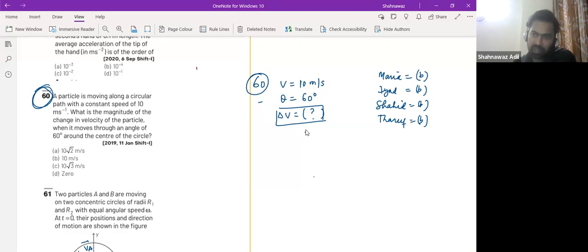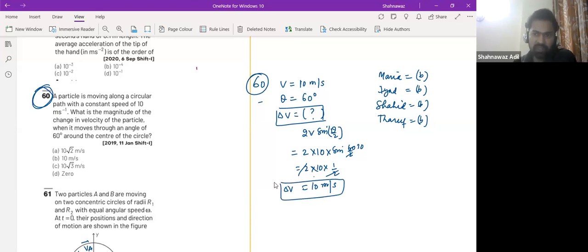You have to just apply 2V sin theta by 2. All the things are given. V is given, theta is given. 2, 10 sin 60 by 2. Sin 30 is half. So this is 10. Right, yes. Good, everyone. Yes, absolutely correct.